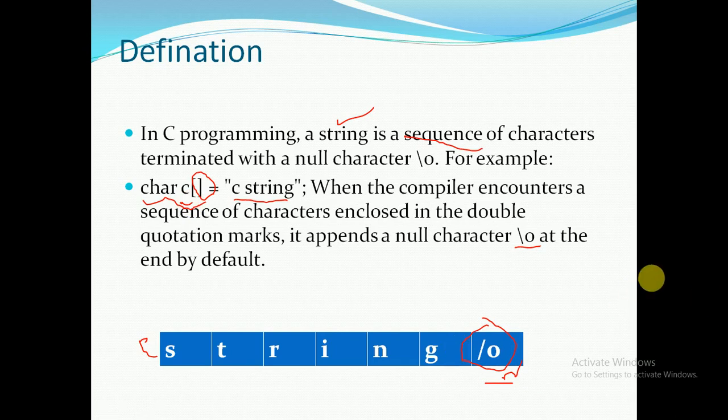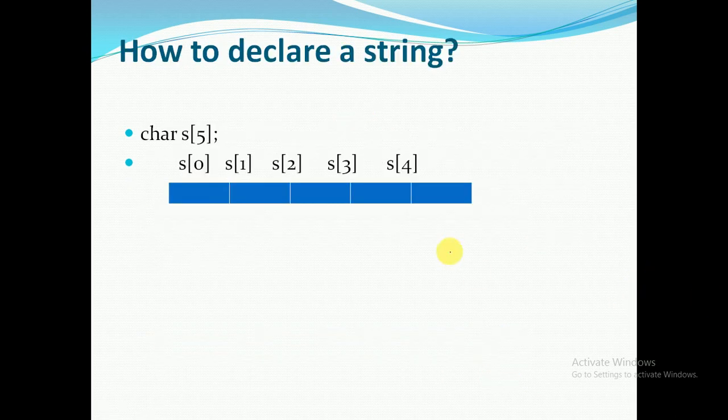Now we'll see how to declare a string. I'm defining char s[5]. Here s is a variable of character type that can store a maximum of 5 characters. It looks something like an array, right?